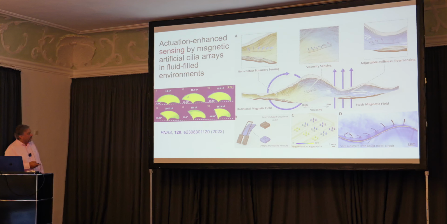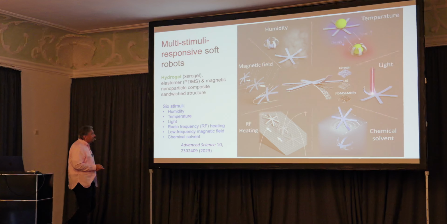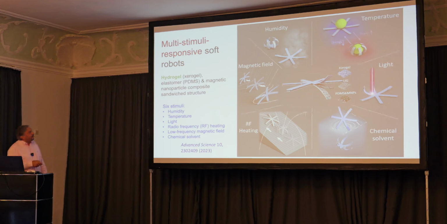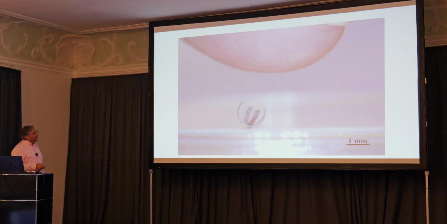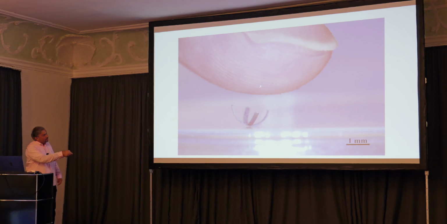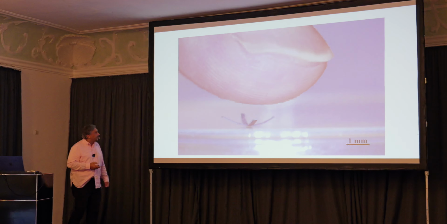Rather than just moving fluids, we can also integrate other soft materials like hydrogels that can be responsive to stimuli in the environment, like humidity, temperature changes, light, and many other chemicals and stimuli. So we can do that with hydrogels, and this is a fun one. When you interact with a human finger, because of the local temperature and humidity change, the robot can respond to the human contact.